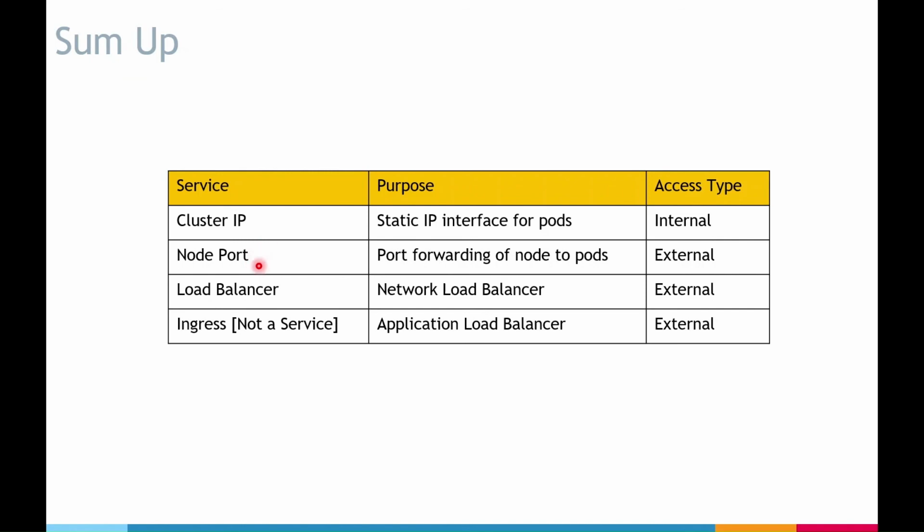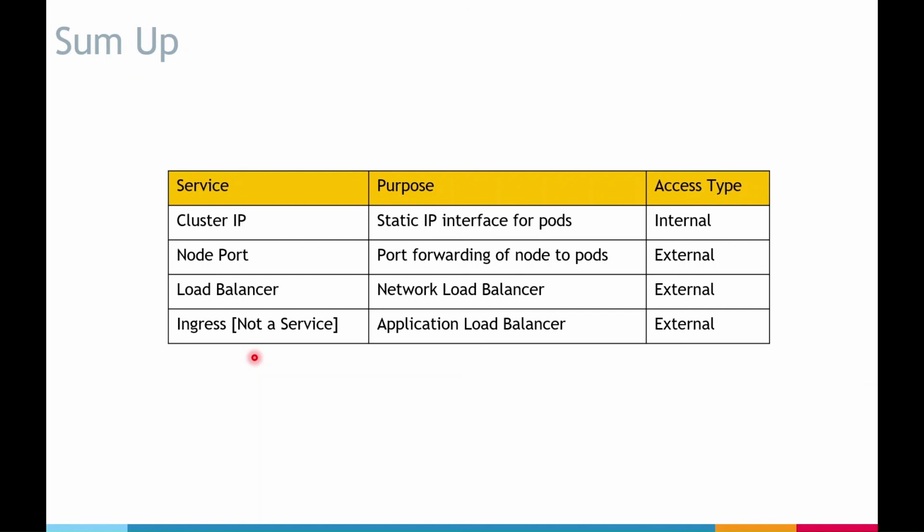So to get away with all those complexities, we have a load balancer service, and it's basically a network load balancer which works on layer 4, isn't smart enough to route traffic based on the URL mappings, and it caters to only external access.